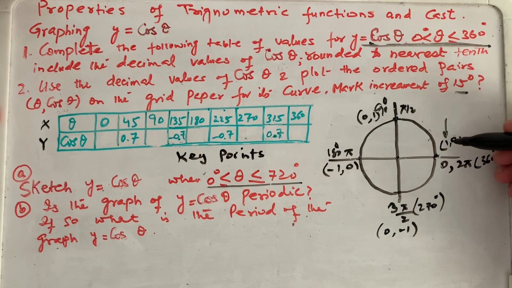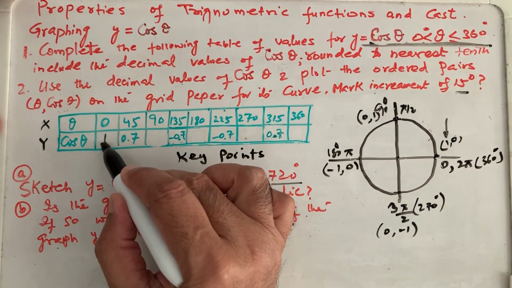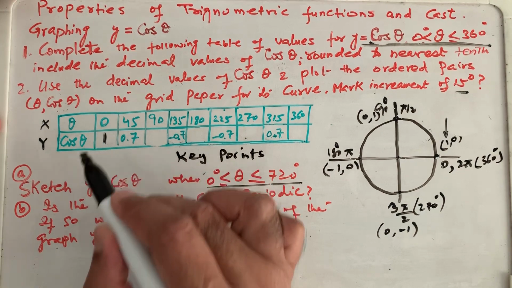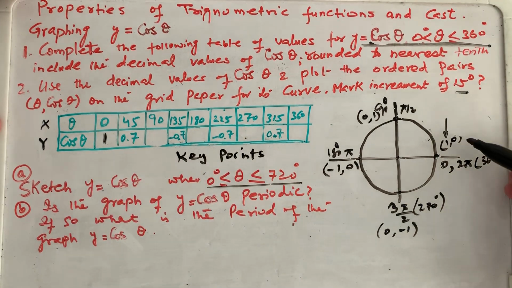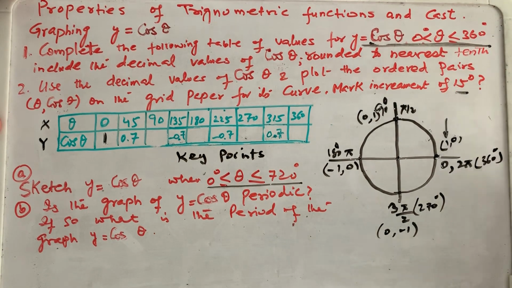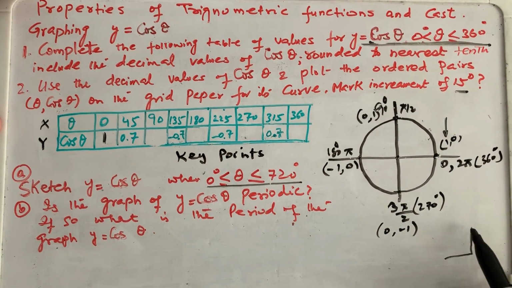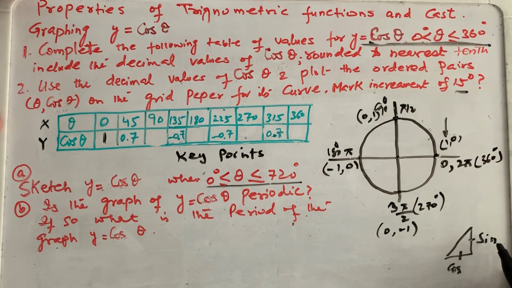Now, when we see cos theta, we have to see this value. What is the value at 0? At 0, we have 1. Look at the difference: for the sine curve, we took y; for the cos curve, we have to take cos. The cos component is this horizontal component and the sine component is this one.